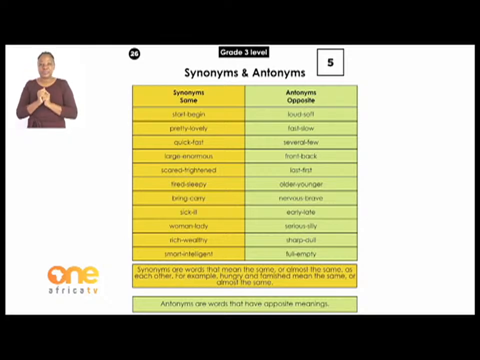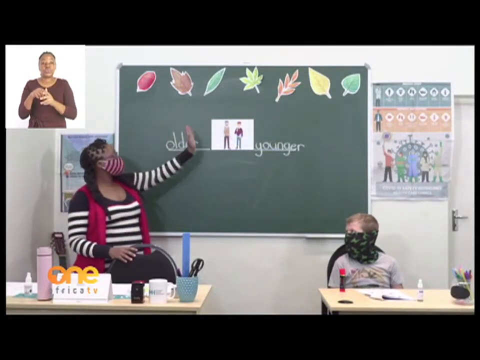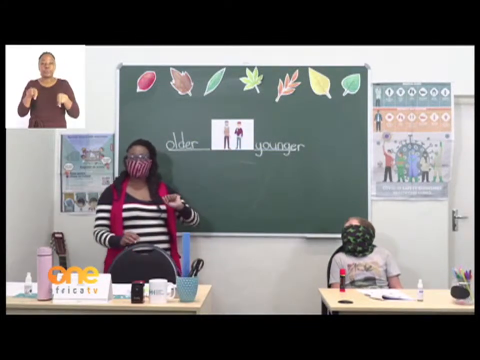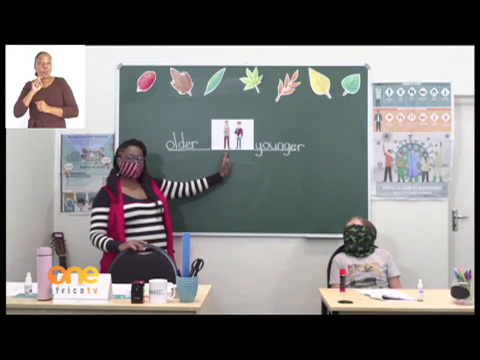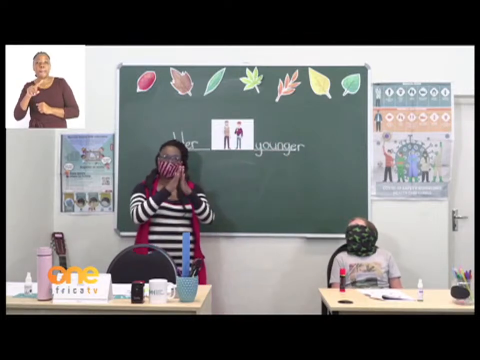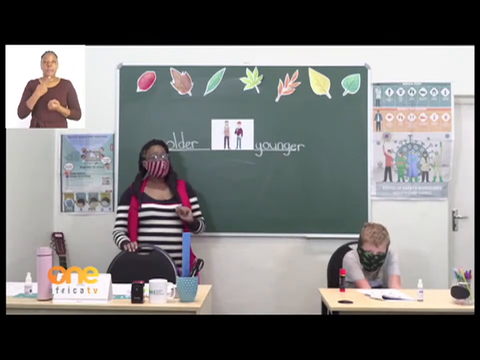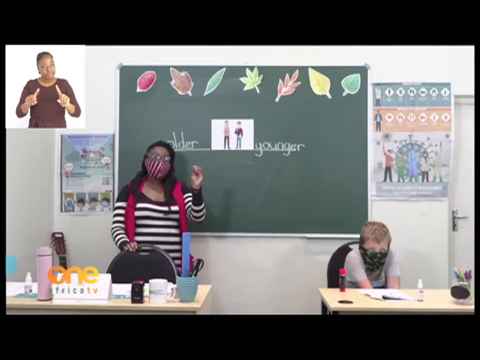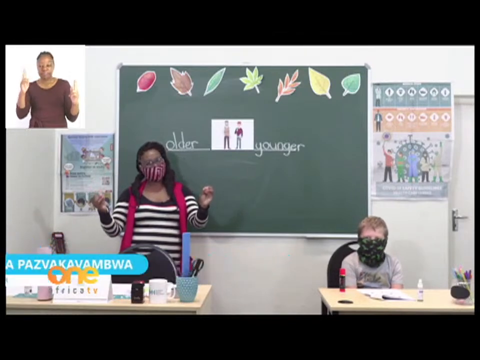And so on and so forth. You can look at the board for an example. Here we have two men, but there is an older man and a younger man to show that they are the opposite of each other. So an antonym is a word that means the opposite of another word.